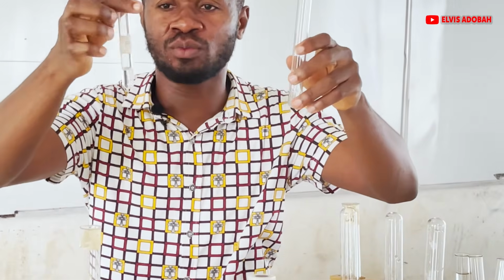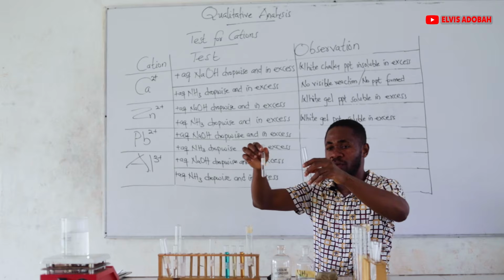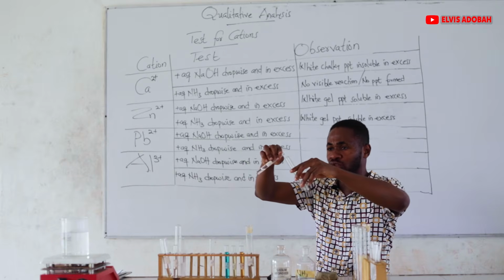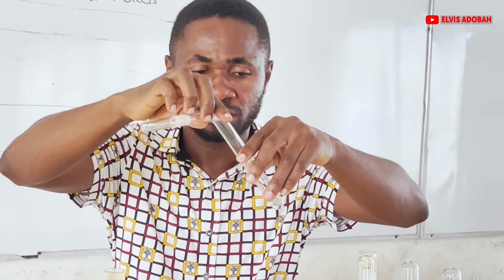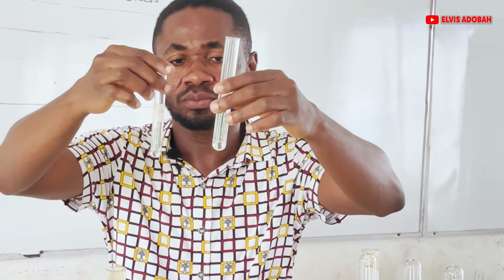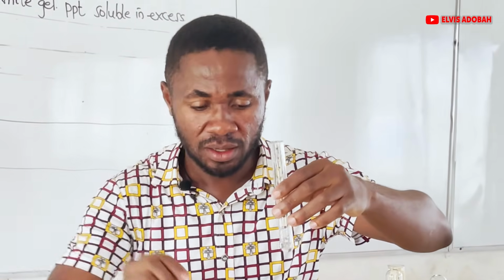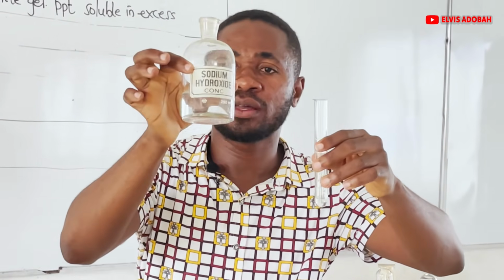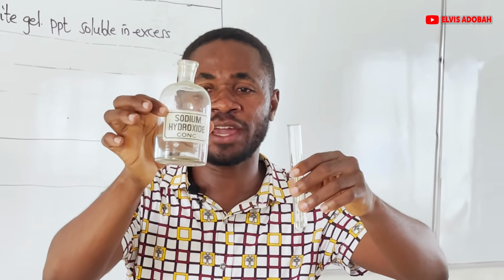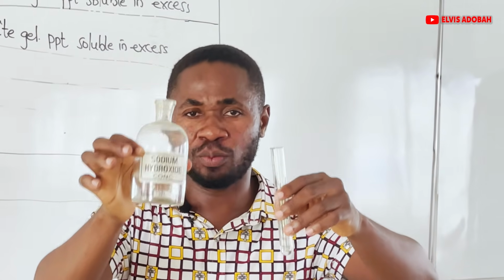We pour a small amount of our sample of Pb2+ into our test tube. Then we add our aqueous sodium hydroxide dropwise and in excess.